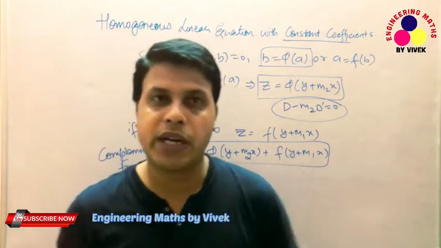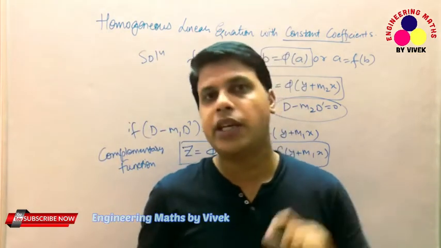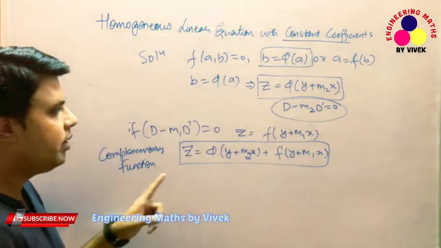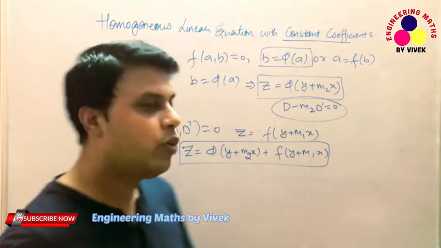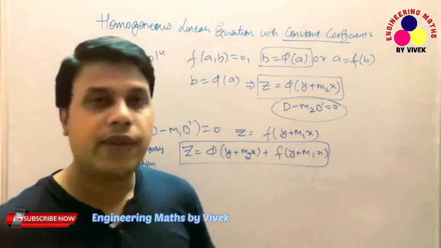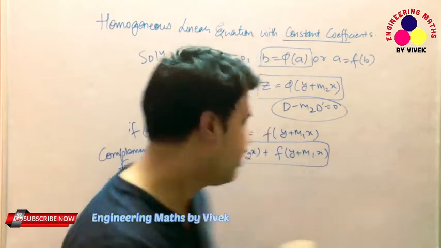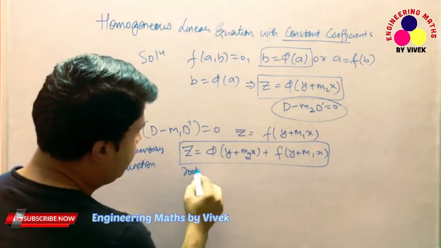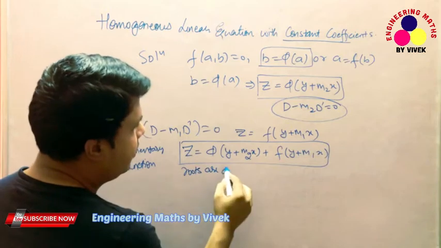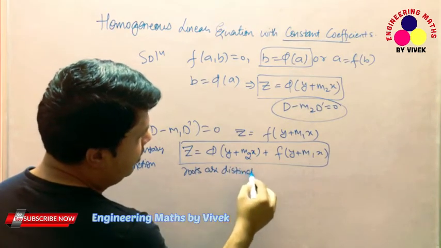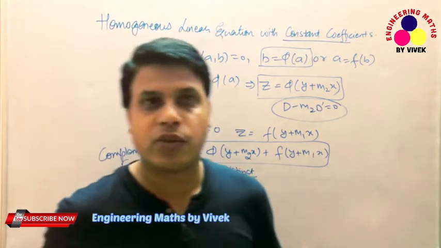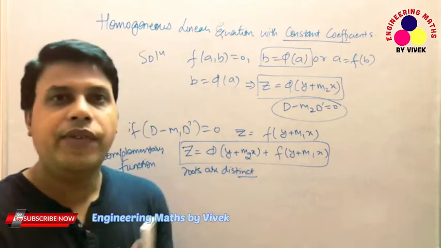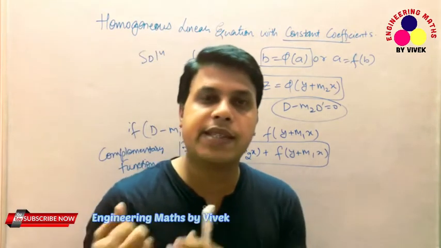We cannot find the particular integral of that equation. So it is given as z equals phi of y plus m2x plus f of y plus m1x when the roots are distinct. It was of second order, and we could have only two roots, that is m1 and m2.